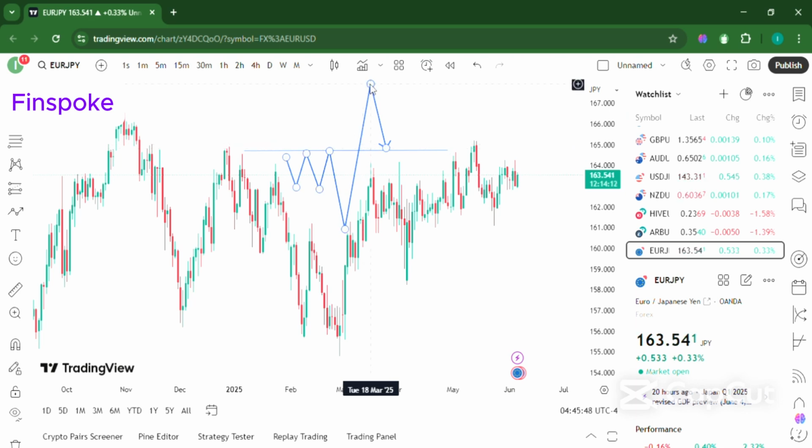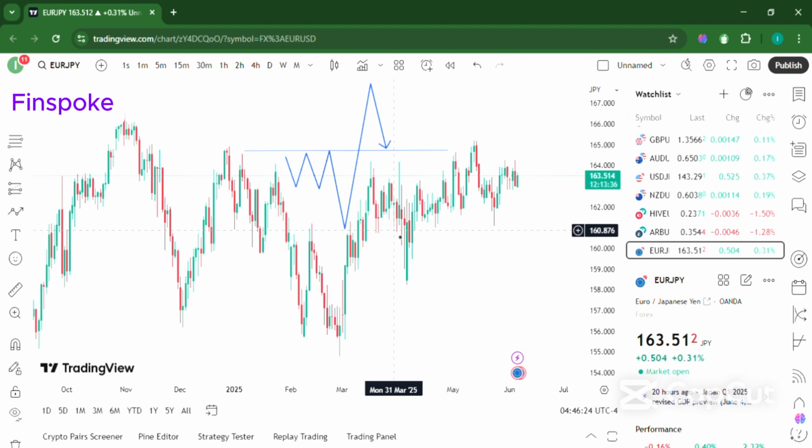When it shoots up, it gets to the resistance level and makes a stop. Sometimes it can continue, but in most cases, it will shoot back. When it gets to the resistance level, it will come back to this support level, this horizontal line, and either go up again, start consolidating, or start shooting down.